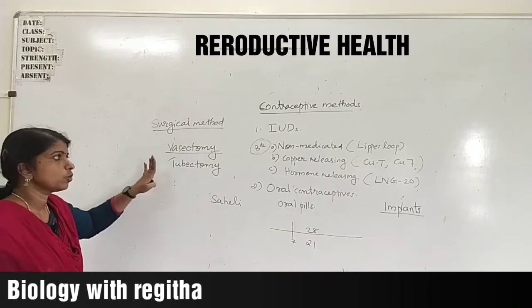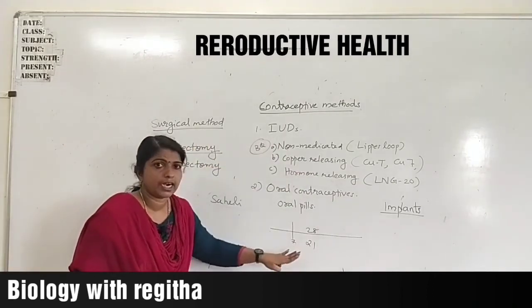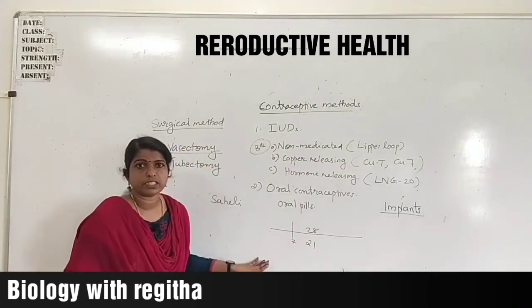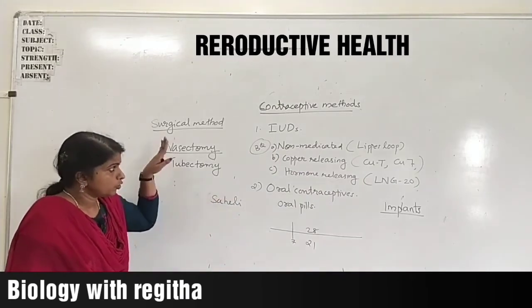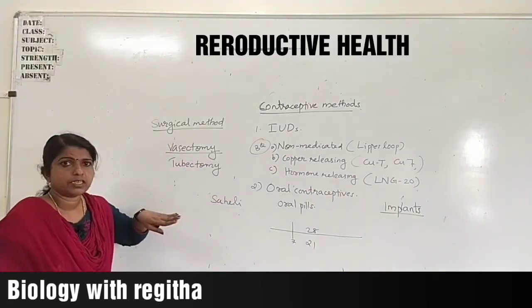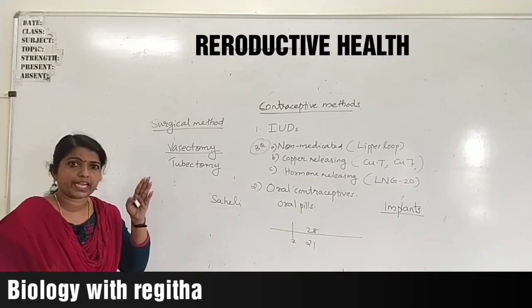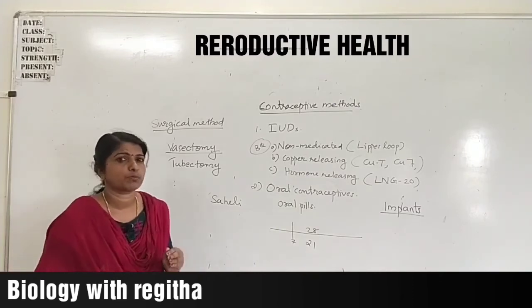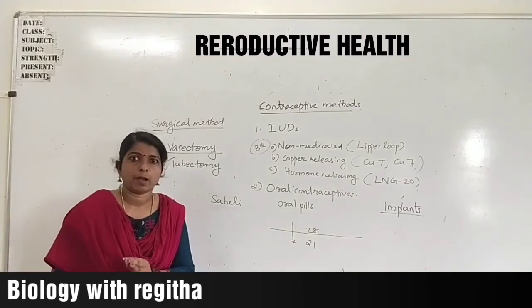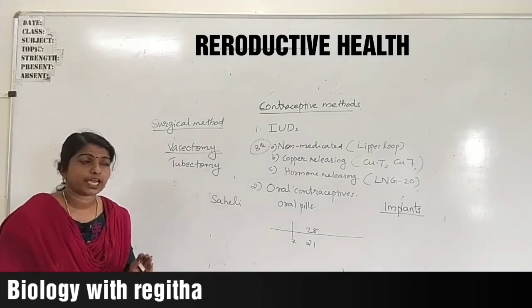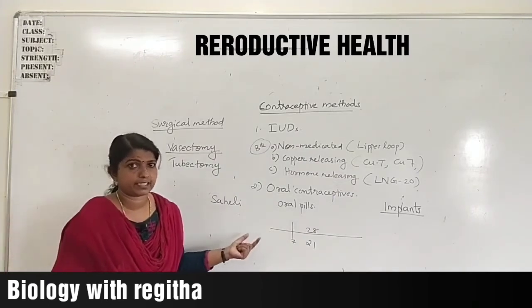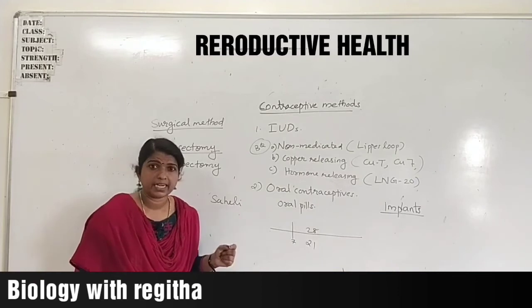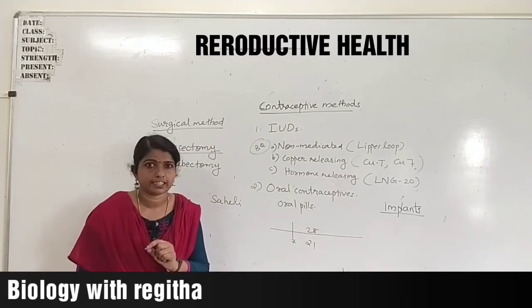Okay. So these are all the different contraceptives, and using these contraceptives we can check the population explosion to some extent, but at the same time we cannot ignore the side effects. Side effects are very few, but some are there.